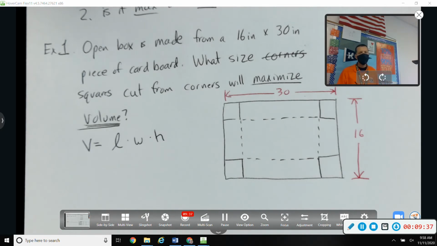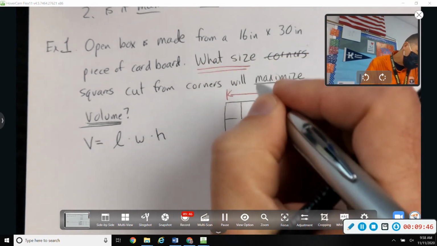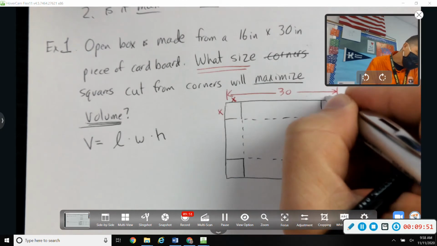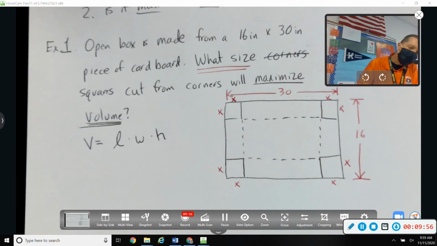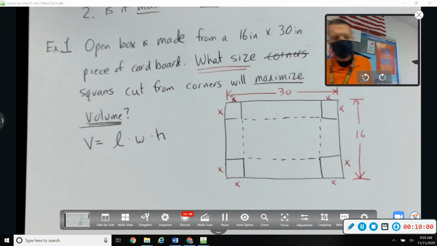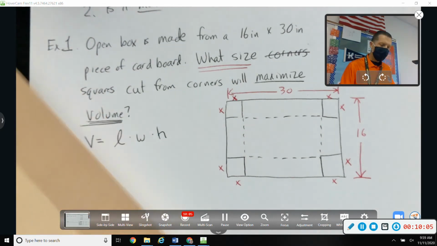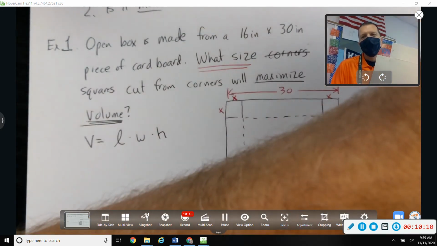Except that I need to be careful, my length isn't 30. After I fold up the box, it's not 30 anymore. So I need to figure out what size corners. Let's say these corners are all just x by x. I'm going to cut an x by x corner from each side.